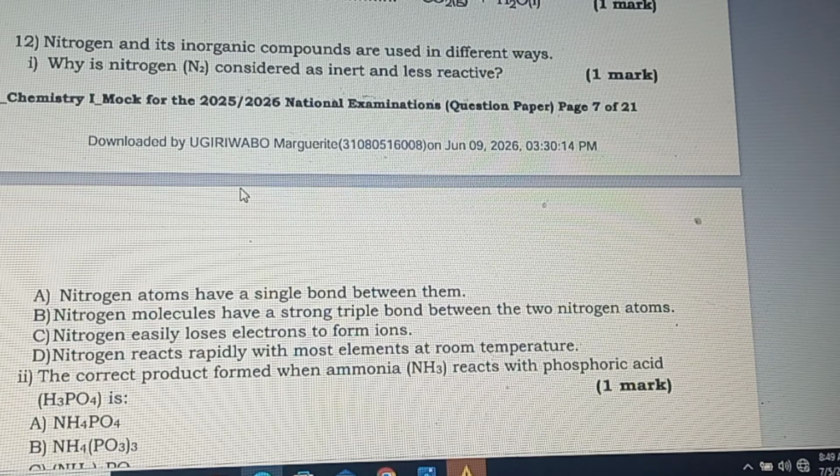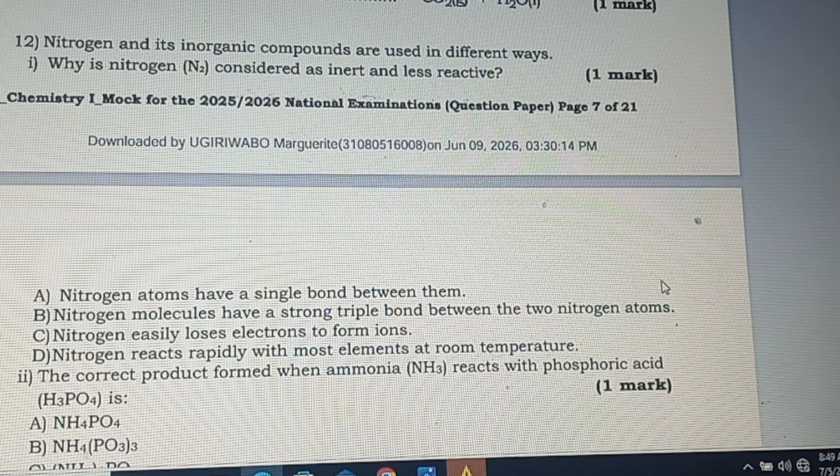Less reactive means the substance does not react easily with other substances. The reason why nitrogen is considered inert and less reactive, the correct answer is letter B, because nitrogen molecules have a strong triple bond between the two nitrogen atoms.